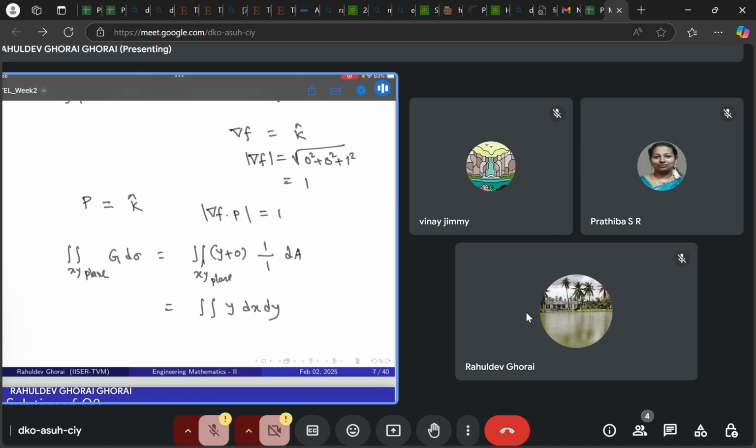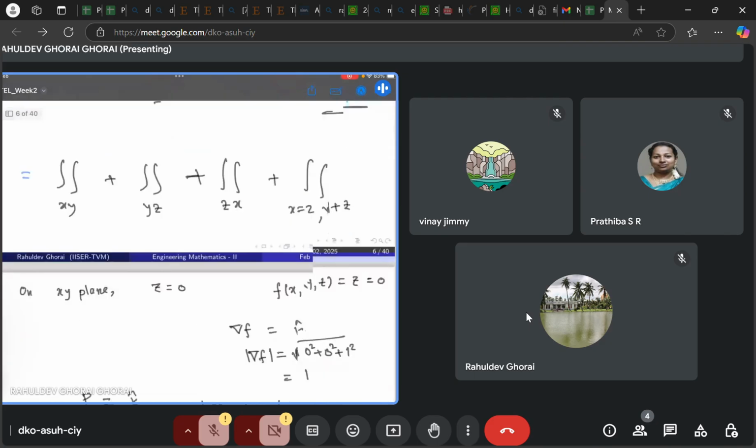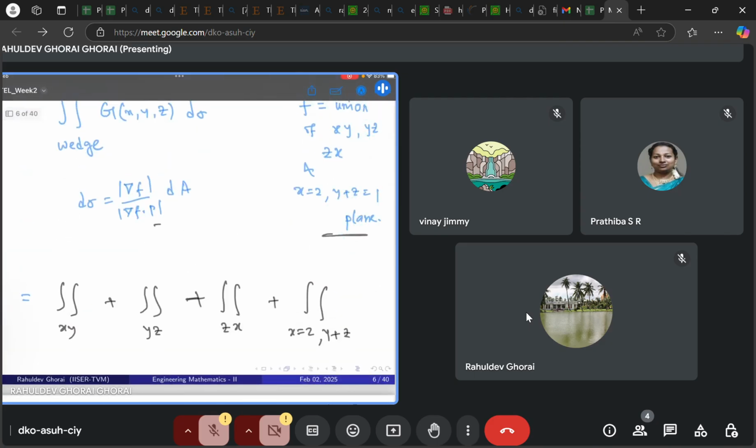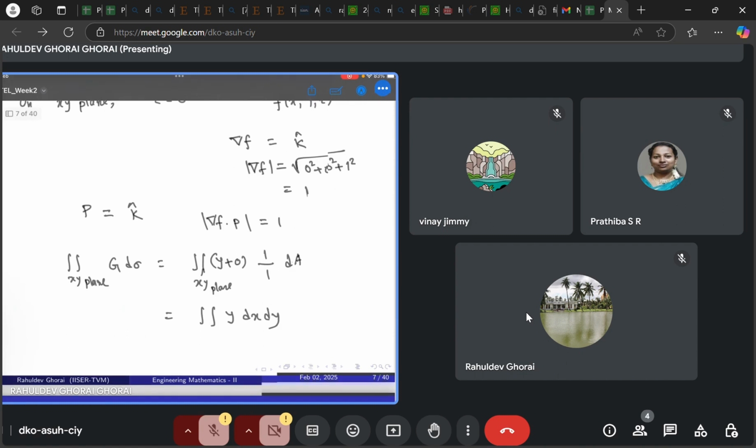But what about this integration? Although I am writing the xy plane, it will be up to some number, because it's a region bounded by x equal to 2 and y plus z equal to 1. So it can go maximum up to x equal to 2. And x can be 0 also, right?